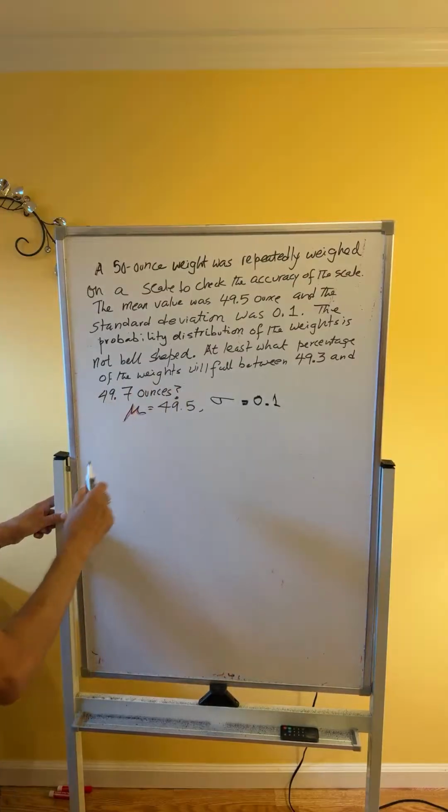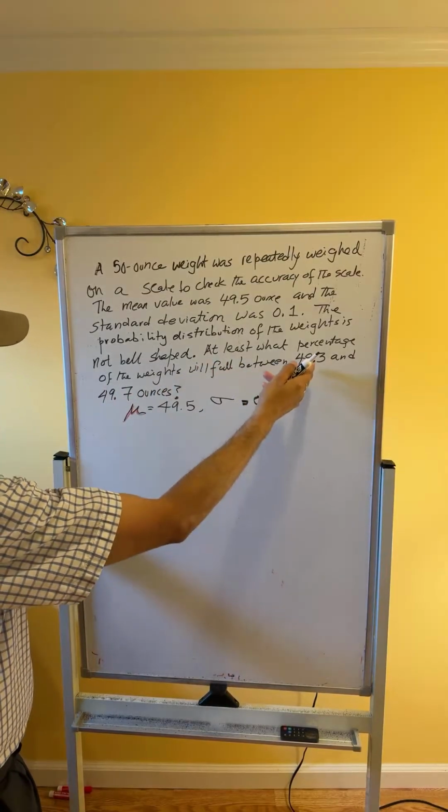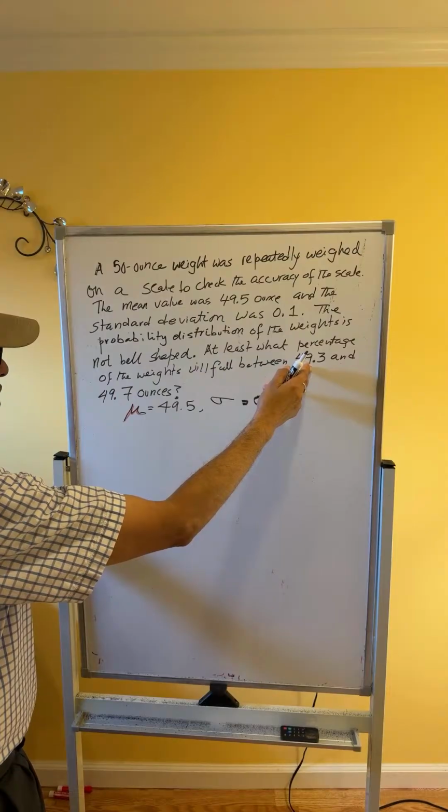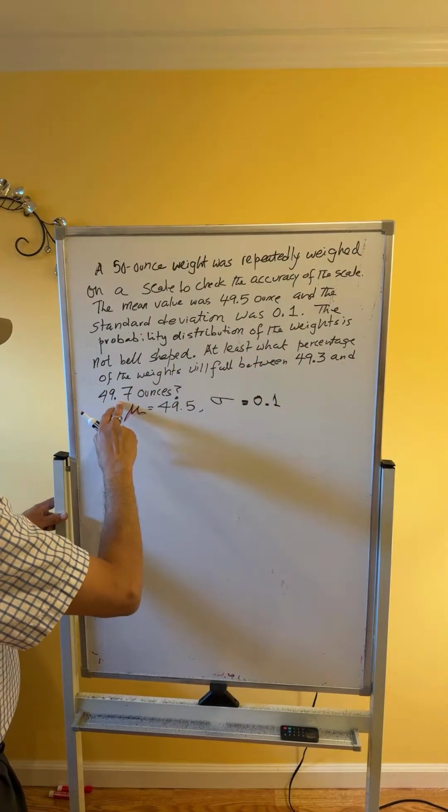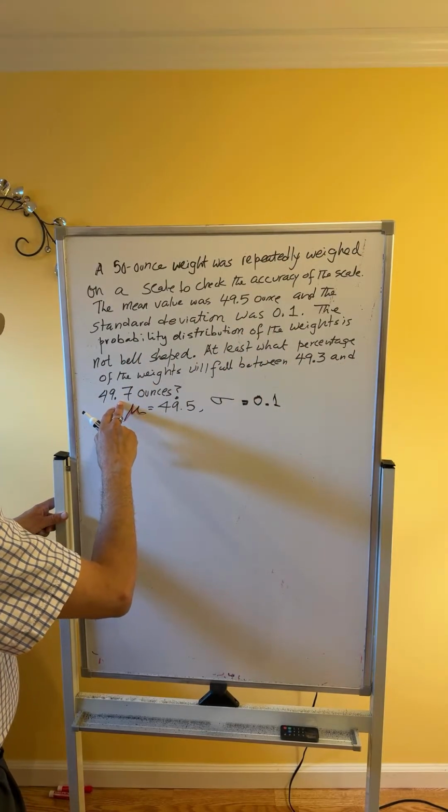Now we have been given two other boundaries. The lower boundary is 49.3, the upper boundary is 49.7.